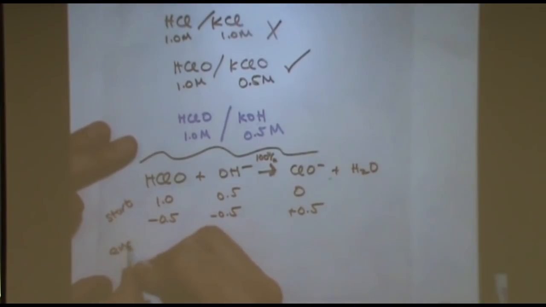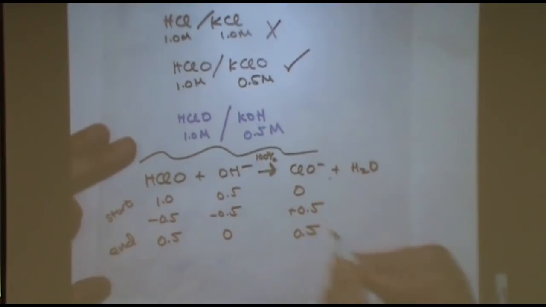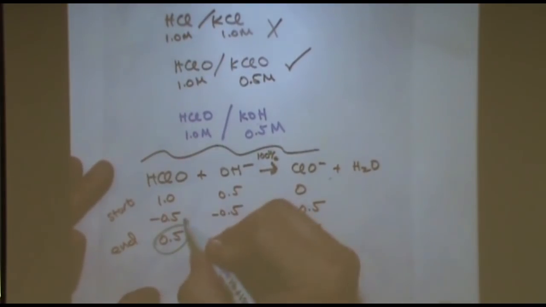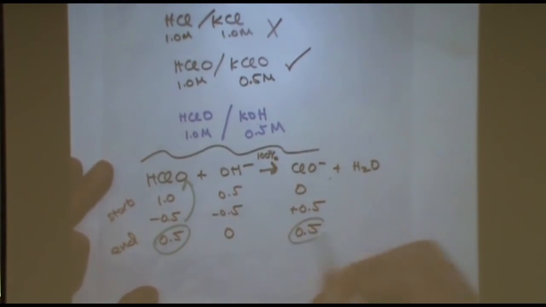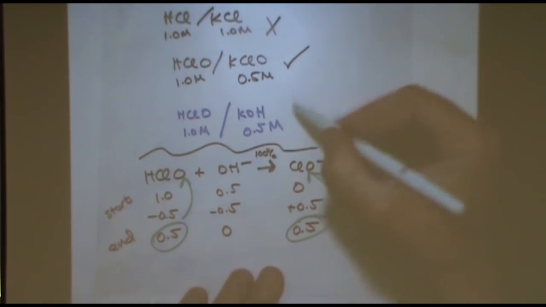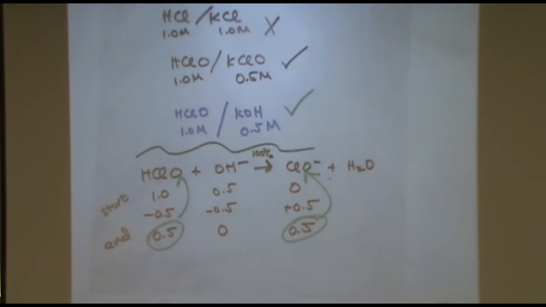So at the end, you have 0.5, 0, and 0.5. And now what do you have? You definitely have a buffer, because it's 0.5 of the weak acid and 0.5 of the conjugate base.